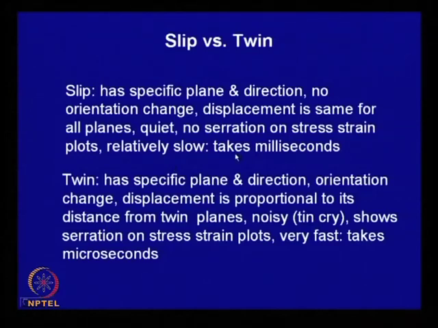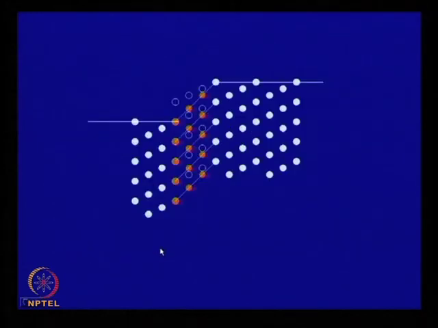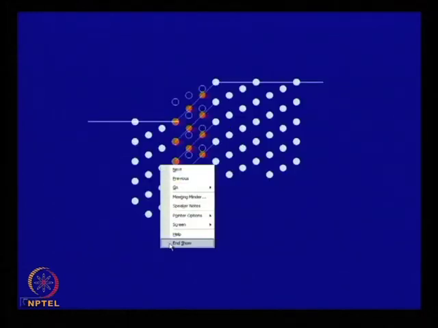It takes time, of the order of milliseconds, for the deformation to take place, and this process is very smooth. If you look at the stress strain diagram, there is no serration if the deformation is due to slip. Whereas in case of twin, this process is very fast, it takes place in microseconds, and the stress strain diagram shows serrations, something like the yield point phenomenon. So, this is in short the basic difference between the two.